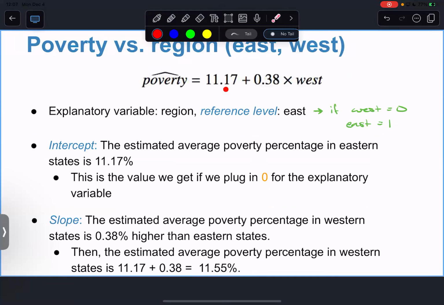We have a y-intercept. Okay. The y-intercept for the predicted percentage in poverty, presumably again, is 11.17, which is the predicted percentage in poverty when x is 0, which means that west is off, so east is on, right?